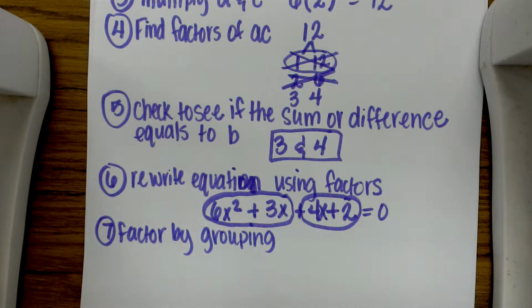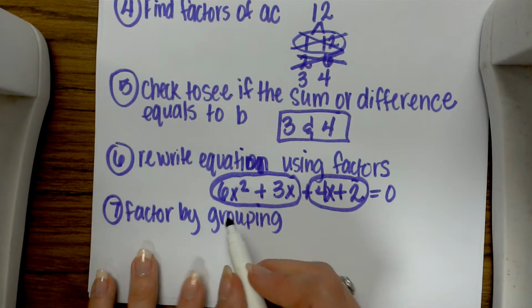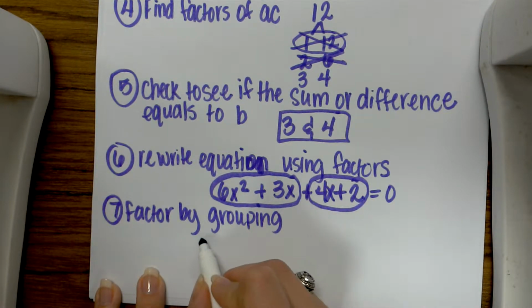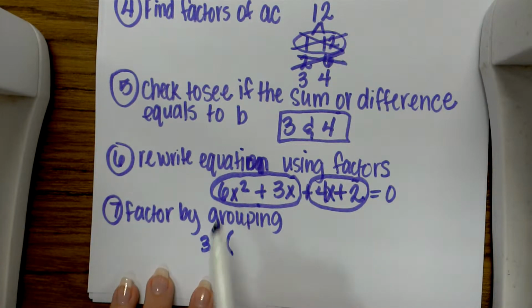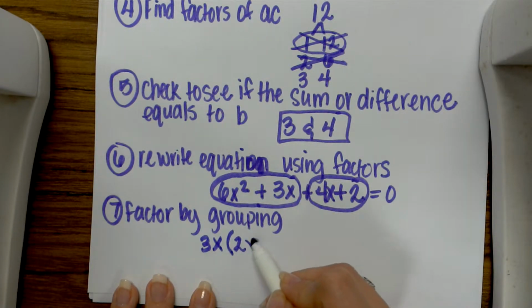So if I pull the 3 out, then I have to worry about my x's now. Do I have an x in each term that I could pull out? I sure do. So we are going to pull out a 3x. So if I pull out a 3x from 6x squared, I'm left with a 2x.